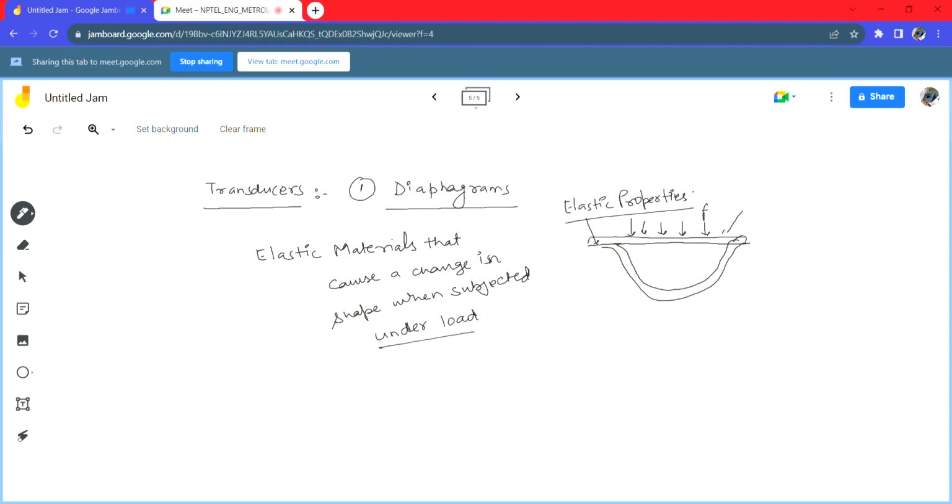So this, if I consider as my baseline, there will be a change in the property of this material. And this simple mechanism is called as the diaphragms.